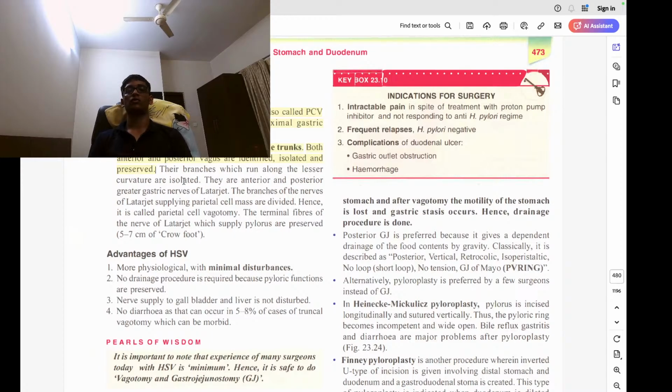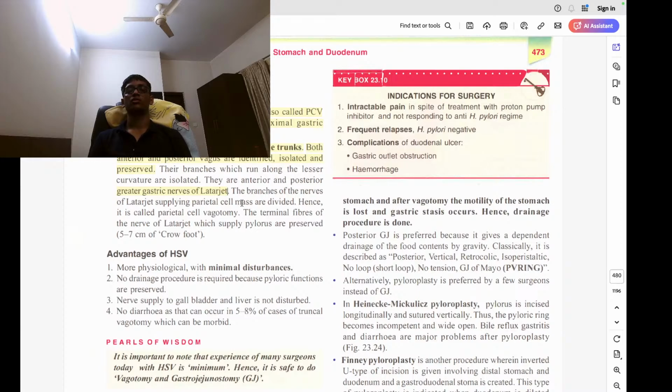These are the anterior and posterior greater gastric nerves of Latarjet. Branches of the nerves of Latarjet supplying the parietal cell mass are divided, hence it is called parietal cell vagotomy.